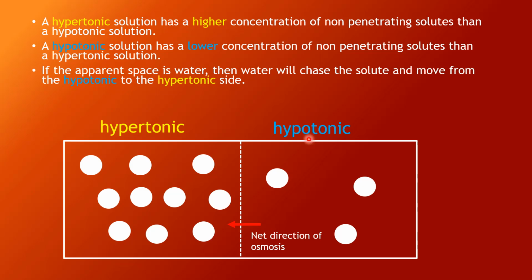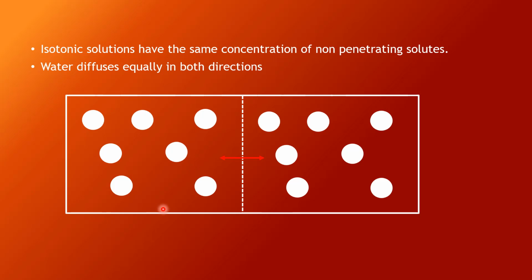Again, if this space is representing water, water will move from an area of high water concentration, low solute concentration, to an area of higher solute concentration and low water concentration. Or you could view it as water moving to dilute concentrated solutions. Isotonic solutions have the same concentration of non-penetrating solutes. And so water is equally going to be moving back and forth.